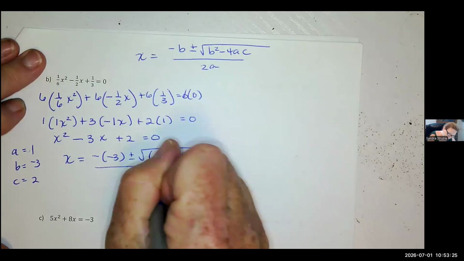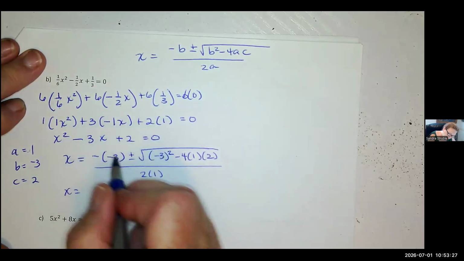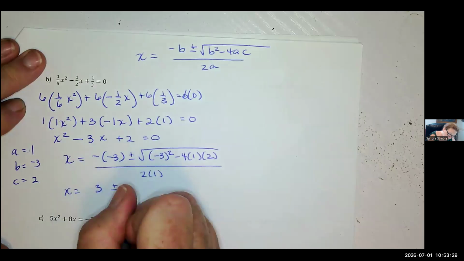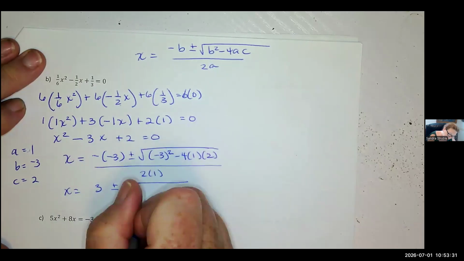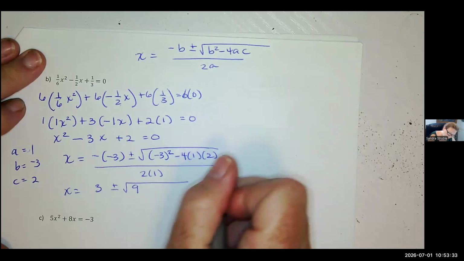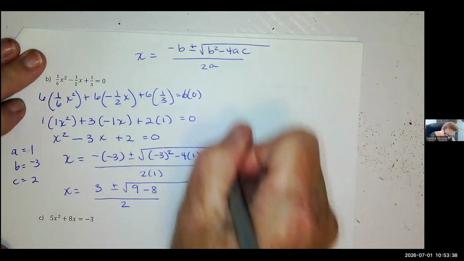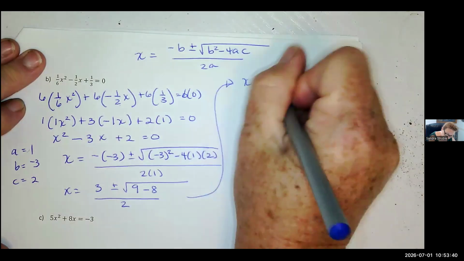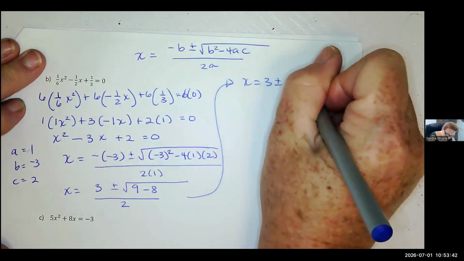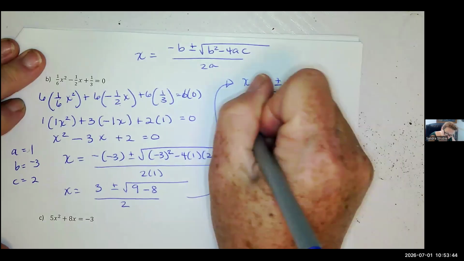Negative times a negative is +3. -3 squared is +9. 4 times 2 is 8, so that's -8. Nine minus 8 is 1. The square root of 1 is 1.